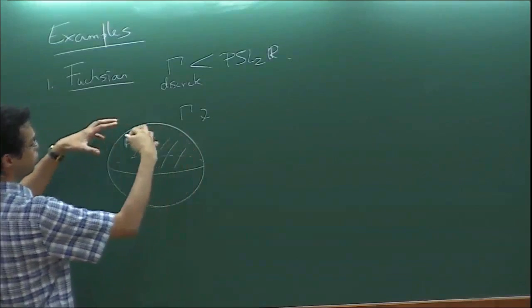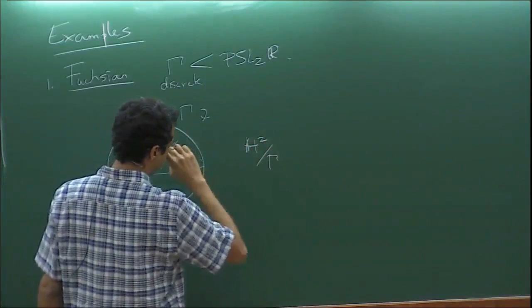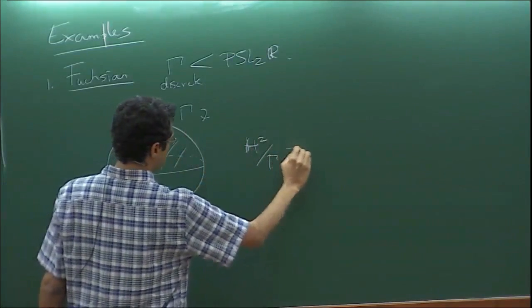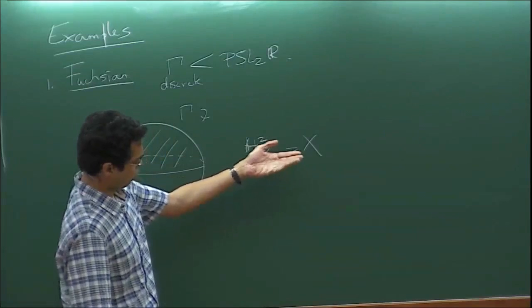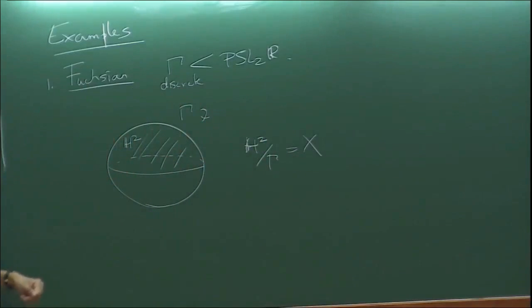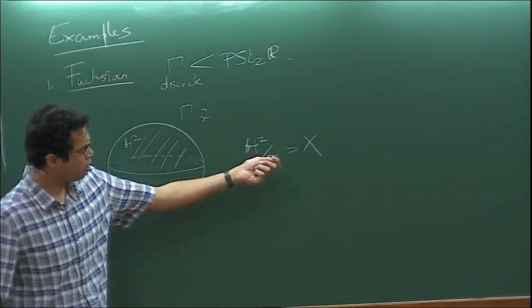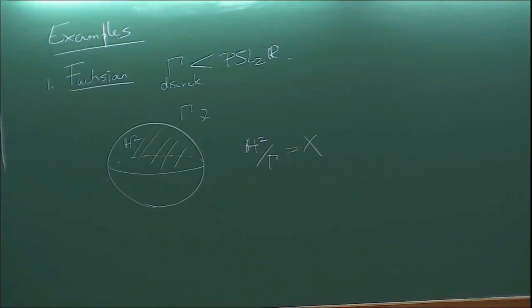This is the image of the developing map, and it's a discrete group, and this quotient gives you the Riemann surface with this Fuchsian projective structure. And as you know, any Riemann surface can be uniformized to such a structure. So these give you some examples.